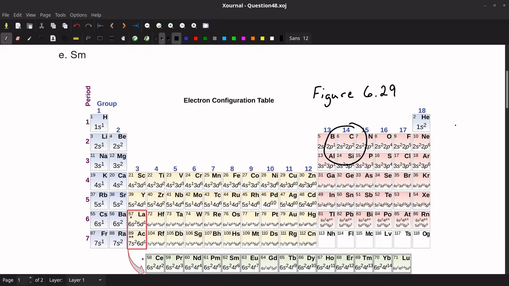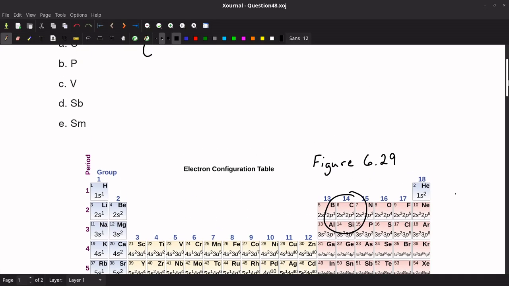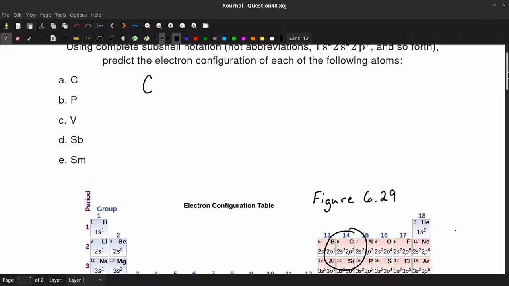If I look beneath it here, it says 2s2, 2p2. So that's going to be the valence portion of the electron configuration. So I'm going to leave some space here, and then I'm just going to copy down exactly what that says. It says that we have a 2s orbital, it has 2 electrons in it, and there is a 2p orbital that has 2 electrons in it.